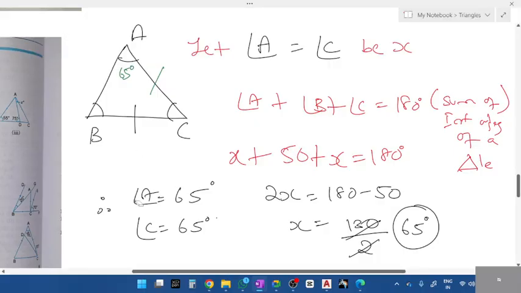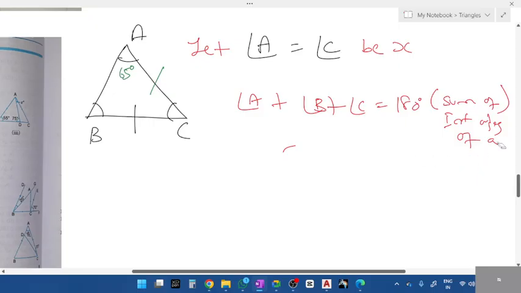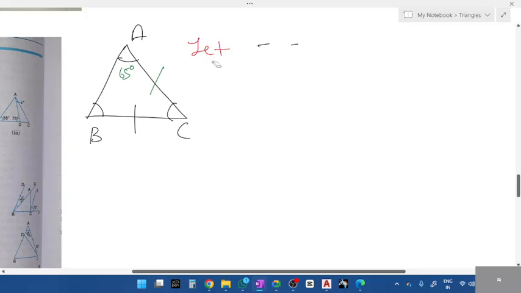See, this is the question. Which side is equal and which angle is equal in this question? AC is equal to BC side. So angles should be equal.